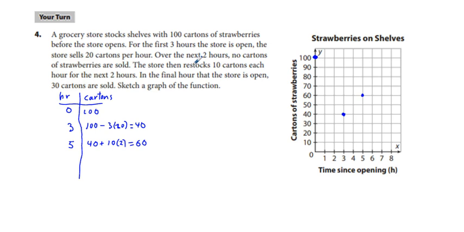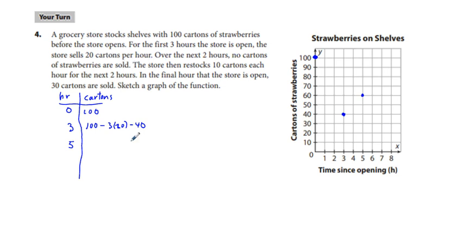I've kind of got this wrong, don't I, somehow? Okay, I'm kind of revising my interpretation. What happened is for the next 2 hours, no cartons of strawberries are sold, and there's no restocking, that's this interval.